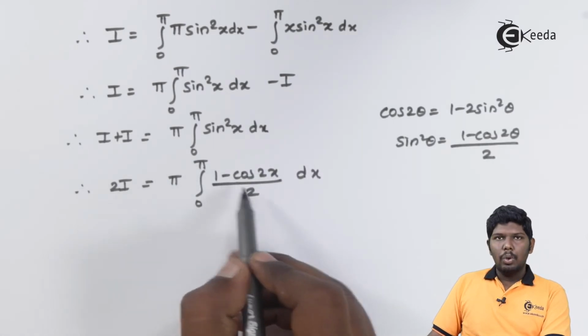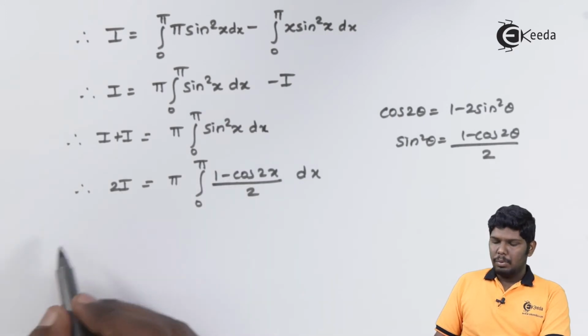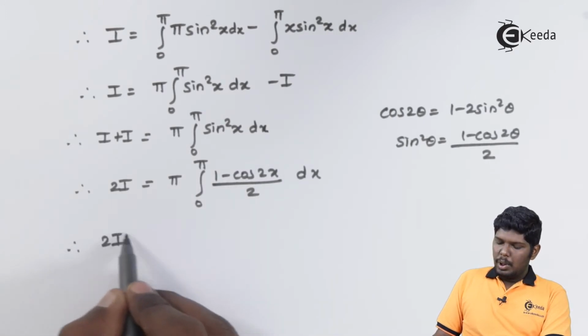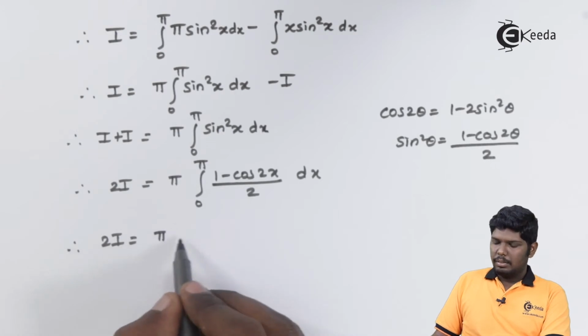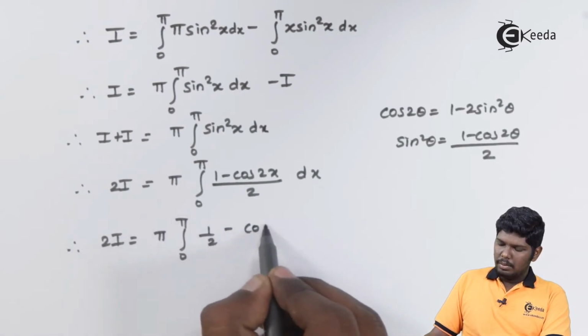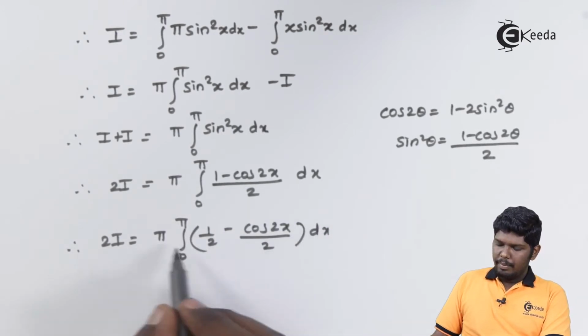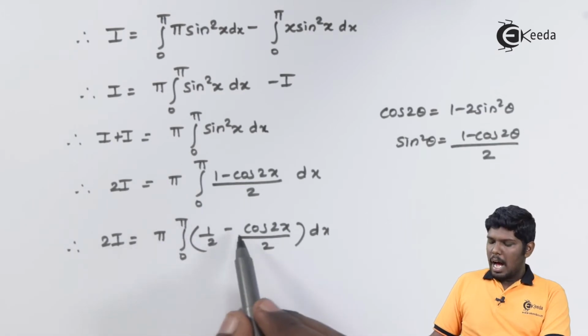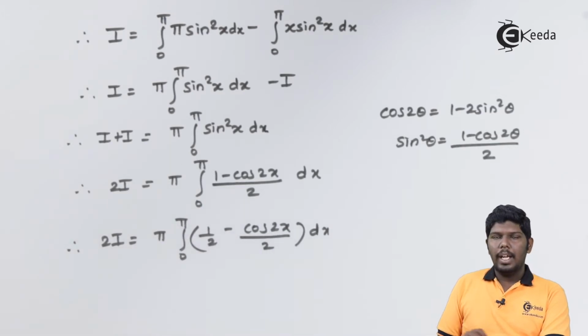If I separate the 2 to both the terms, this will give you 2I is equal to pi times integral 0 to pi of half minus cos 2x upon 2 dx.